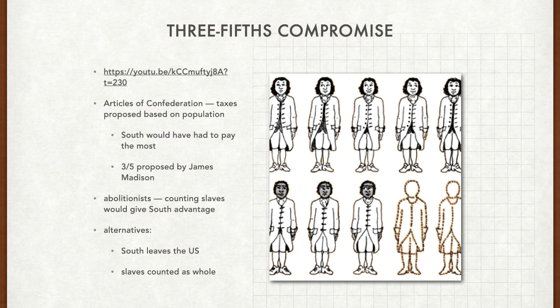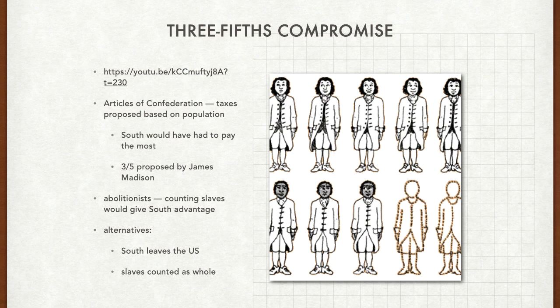So here's another diagram sort of showing what three-fifths look like in another way. The Three-Fifths Compromise began with an amendment that was proposed to the Articles of Confederation on April 18, 1783, which wanted to determine the taxes that were proposed for each state based on population. And that's generally what we do, right?